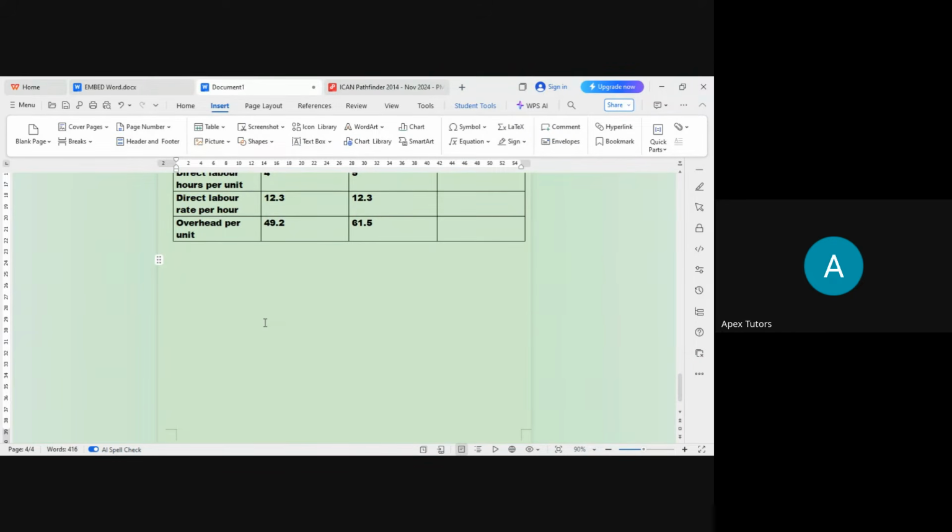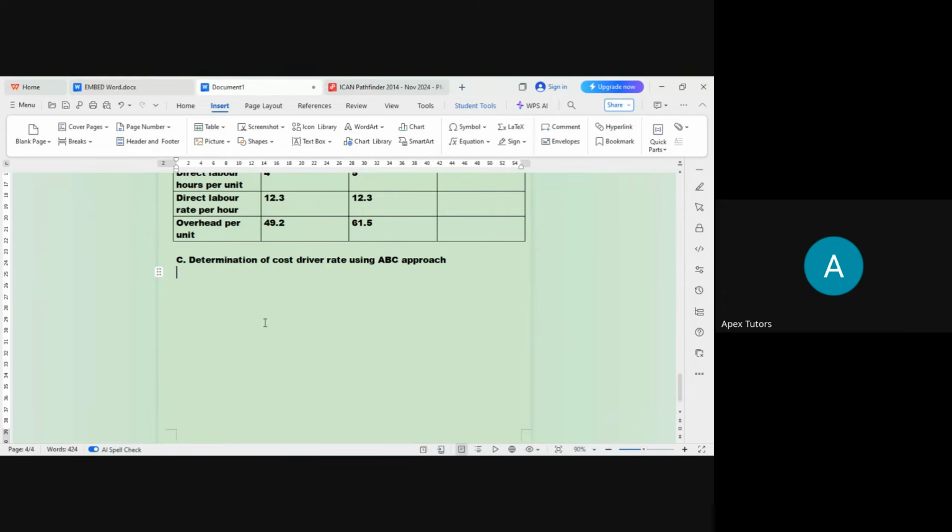Determination of cost driver rate using ABC approach.